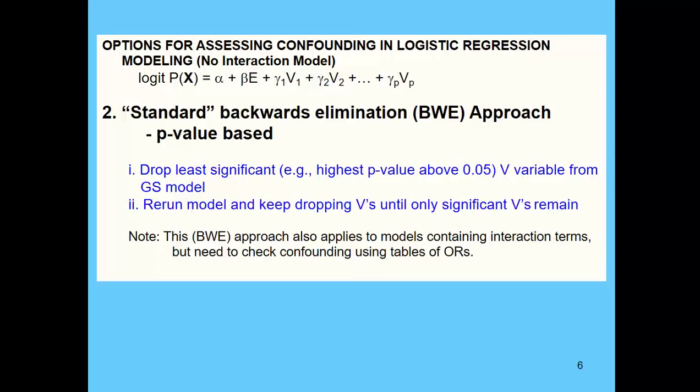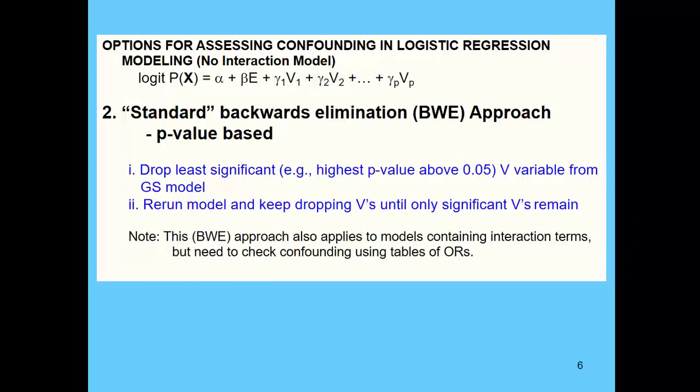So you add the last one to drop out, and then you look at e to the beta for that model. If it is within 10% of the gold standard, then you're sort of done. You've got a model that's considering precision and also considering confounding. So that's how you do it. You keep adding things back, until you may wind up having to add everything back. But that's this method.